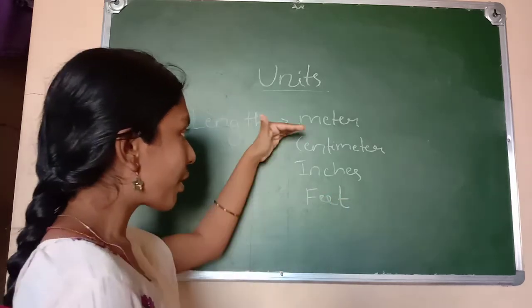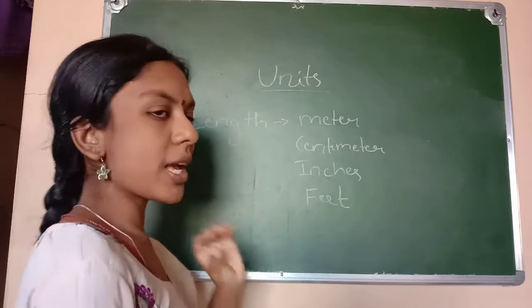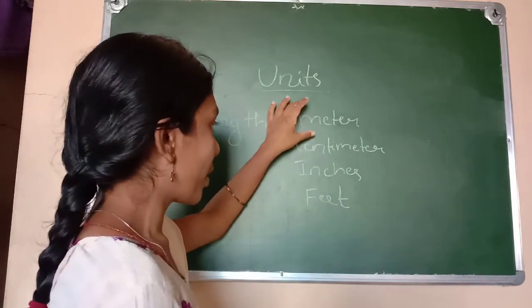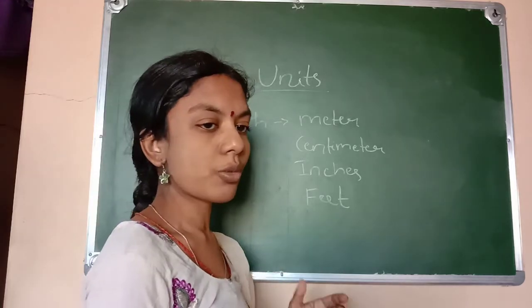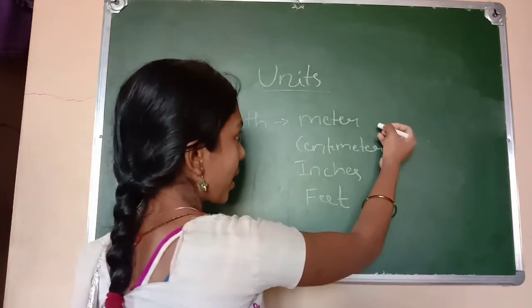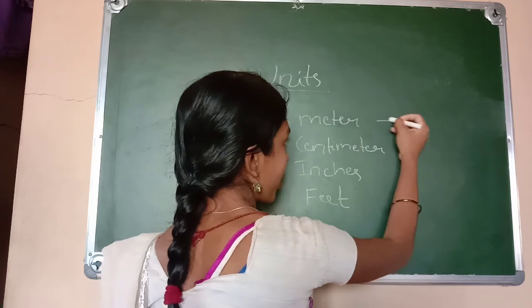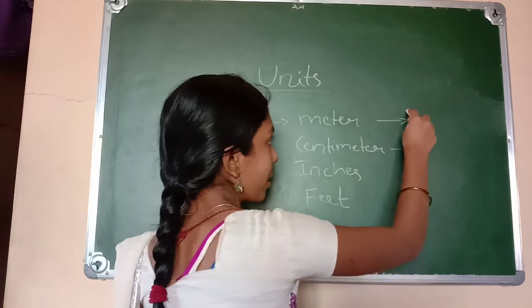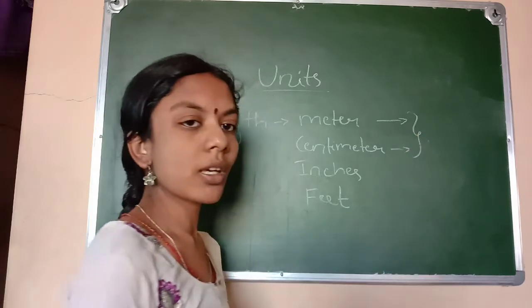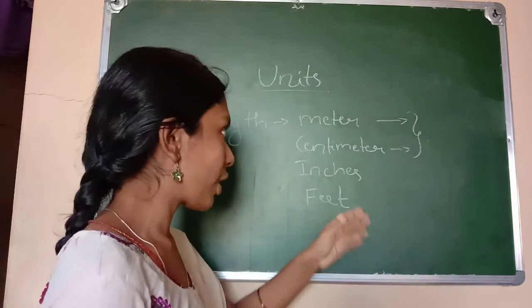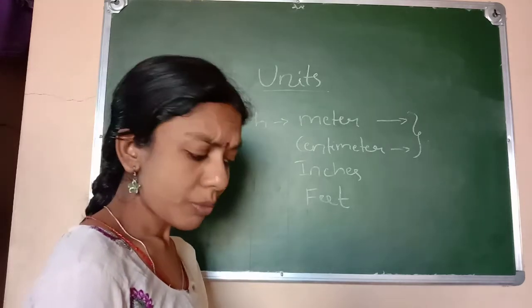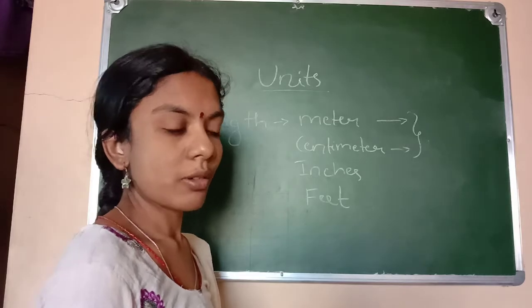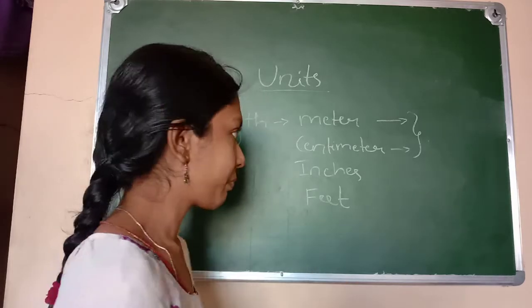So these are different units in which we express the length. Every unit has its own definition of the length. If I say what is a meter, what is a centimeter, I think you are well aware of meters and centimeters, because it is the unit you would come across using your measurement scale.